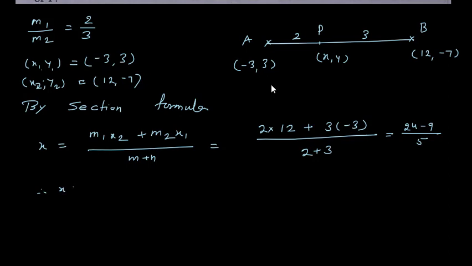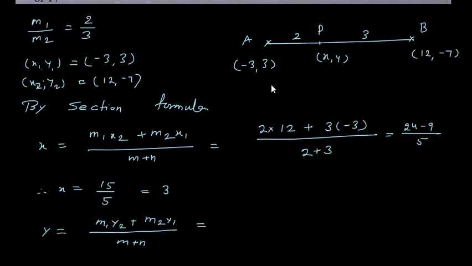So the value of x we get is 15 upon 5, which is 3. And in the same way we will say that y is (m1 y2 plus m2 y1) divided by (m plus n).